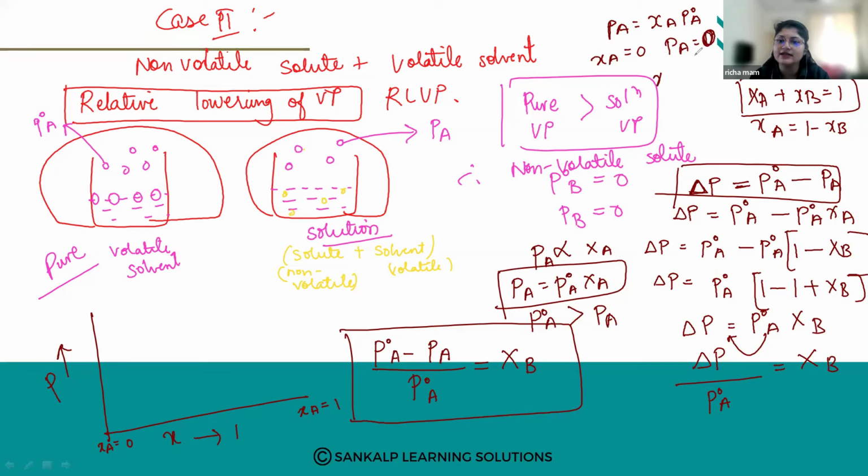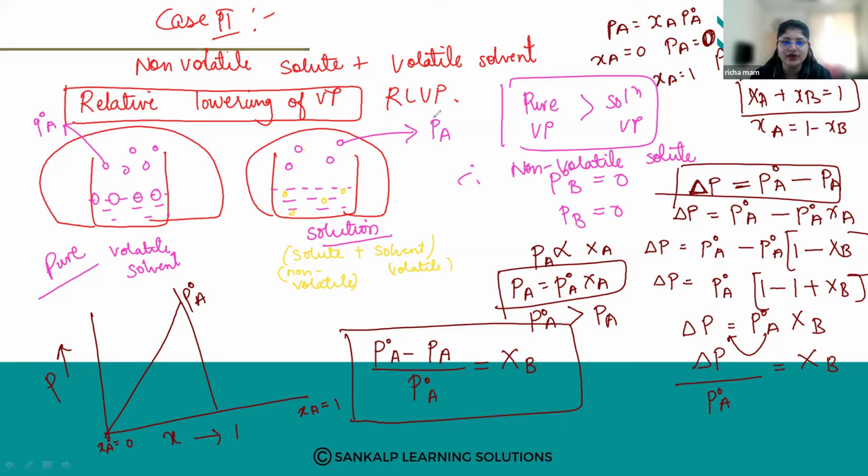And at psi A equals 1, what will happen? P A will be equal to P naught of A. So it will be a straight line, where P naught of A is the intercept. Whenever you have a non-volatile solute and volatile solvent, this is the graph for Raoult's law.